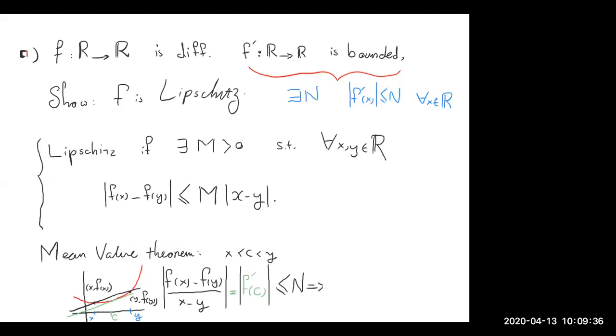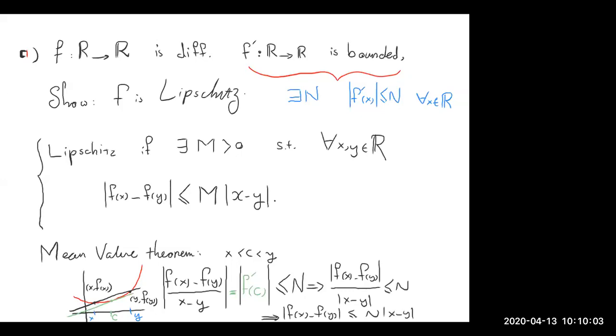It means the absolute value of f of x minus f of y, over the absolute value of x minus y, is less than or equal to n, which simply means the absolute value of f of x minus f of y is less than or equal to n times the absolute value of x minus y.